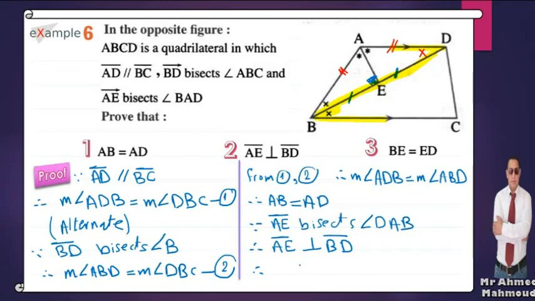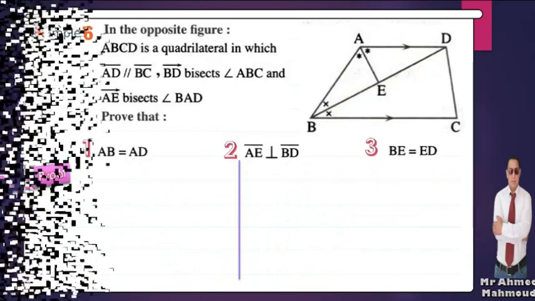Therefore ED equals BE, and this is the third required. The next example.